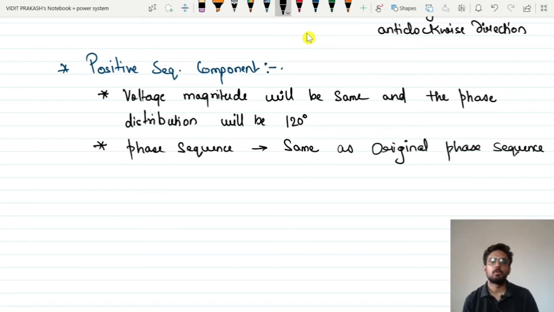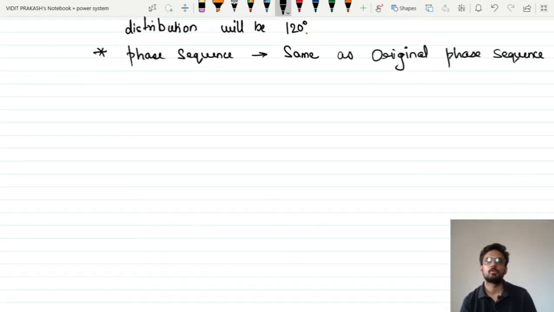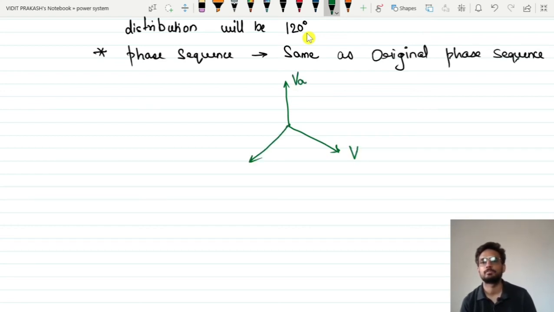Now, what was the original phase sequence? That is VA, VB and VC. And we represent the positive sequence with VA1, VB1 and VC1.